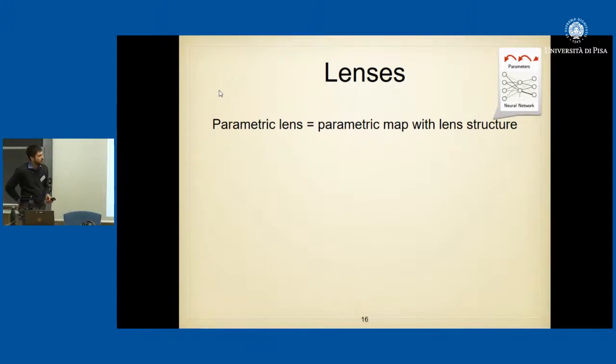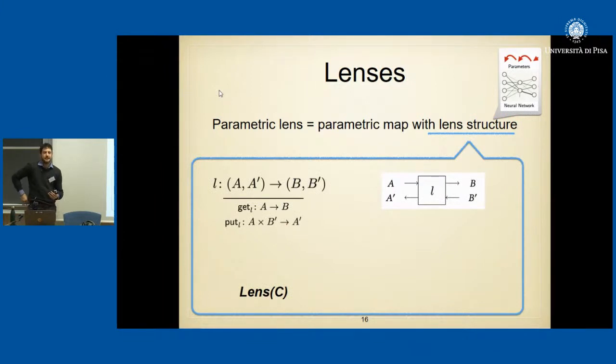So the second ingredient that we throw in is the lens structure. The lens structure is going to account for this ability that neural networks have to feed information backwards in order to change their own definition. A lens, in a nutshell, is a morphism with a reverse mode.